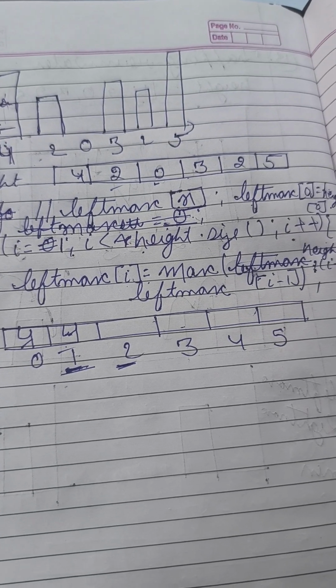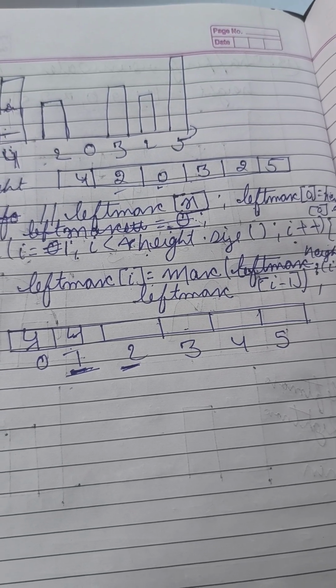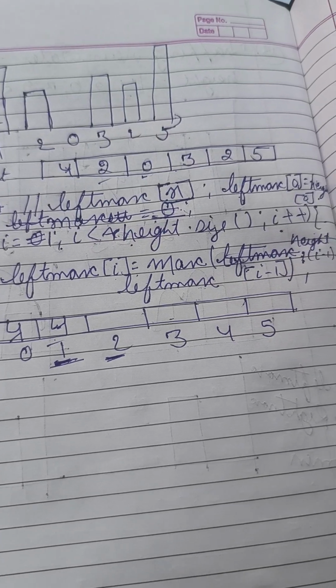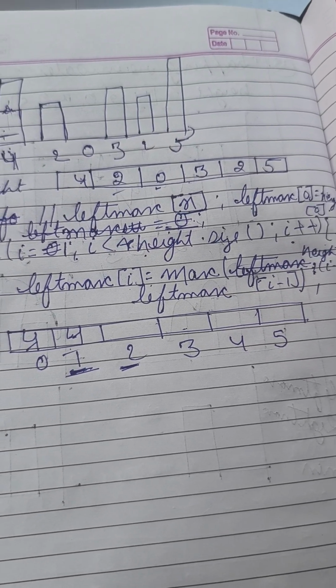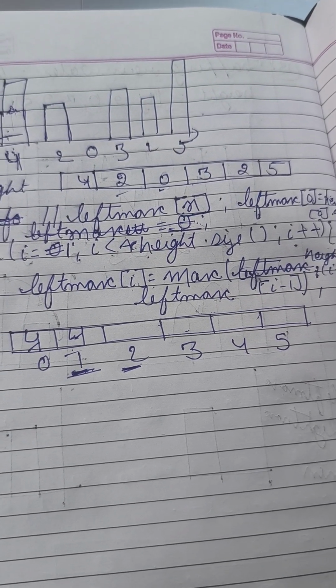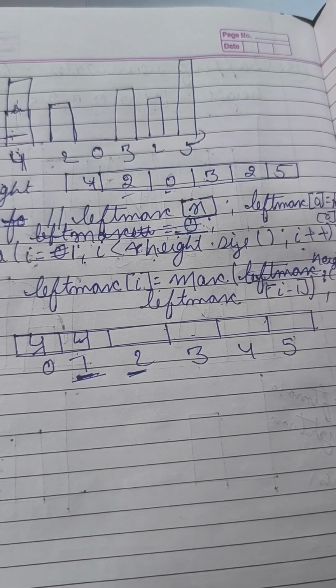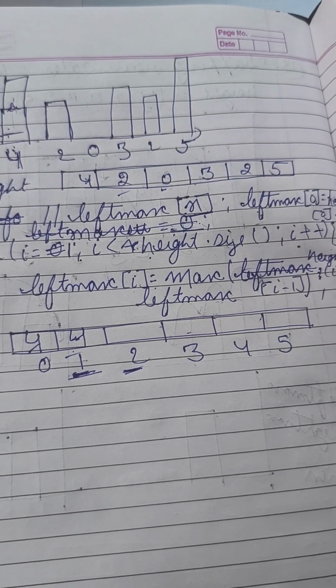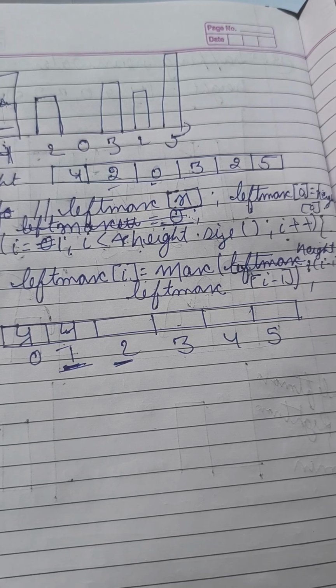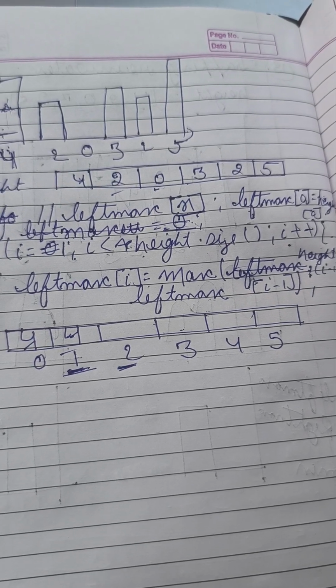When I took Shyam, I know that before Shyam, Ram is already smaller, and for the next element, Ghanshyam, I will know that Ghanshyam is taller than that.